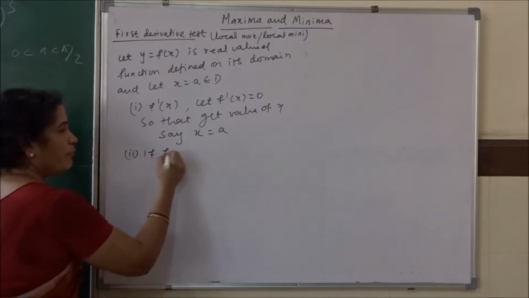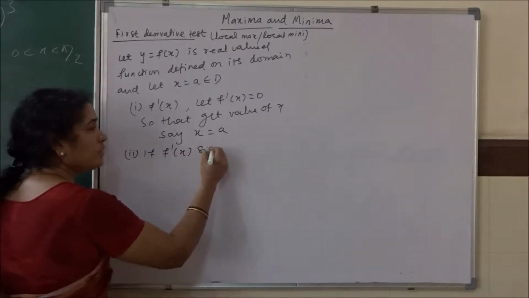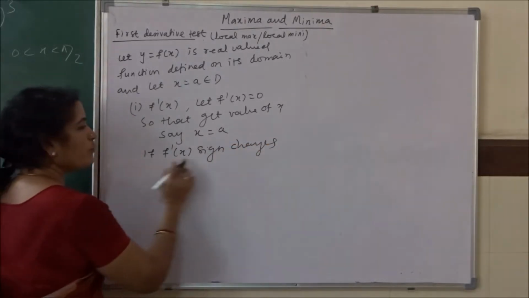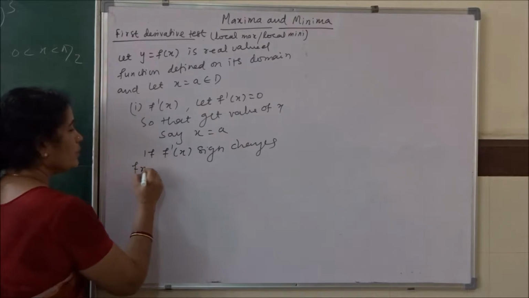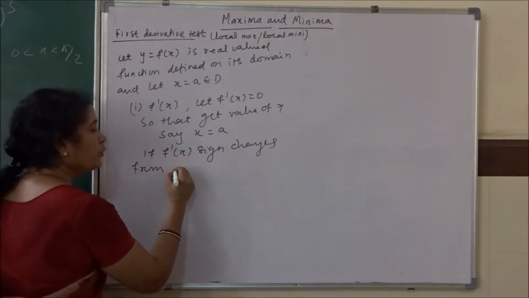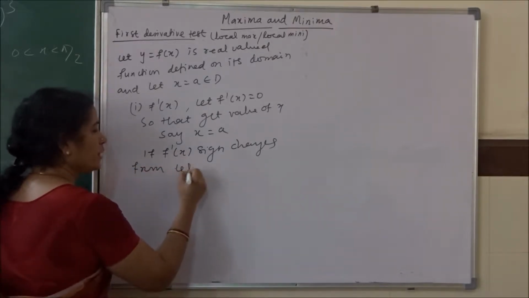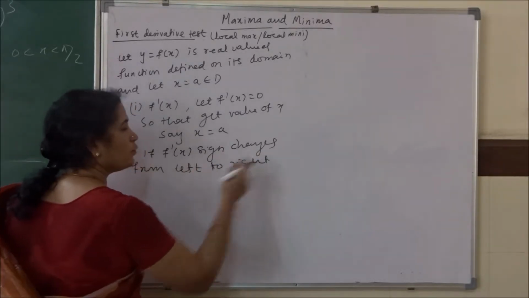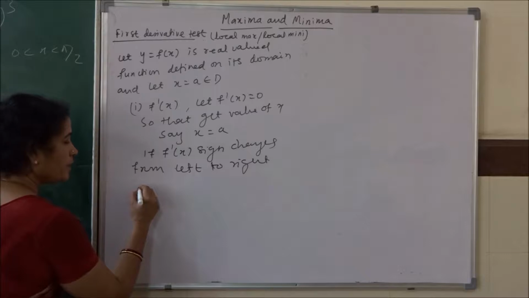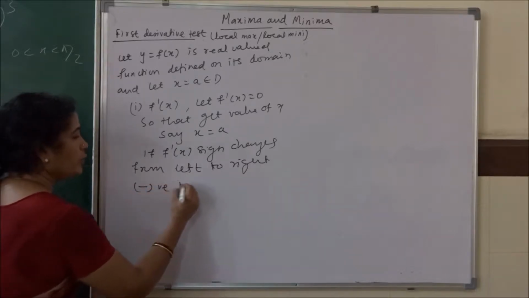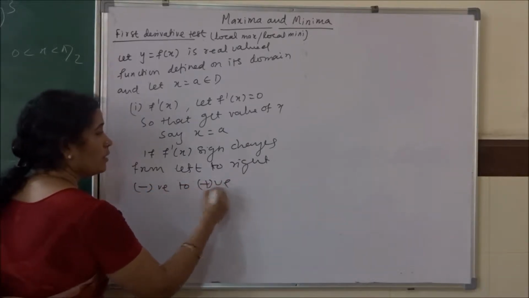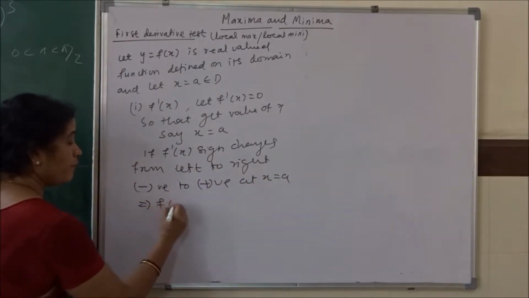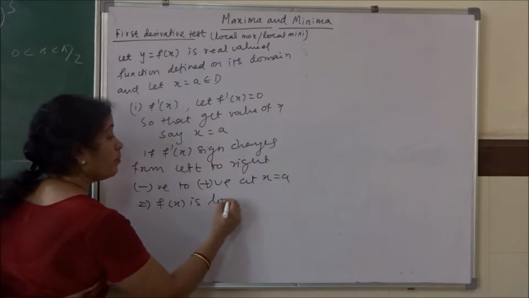If f dash of x sign changes from left to right, this direction is always left to right, from negative to positive at x is equal to a, implies f(x) has a local minimum.